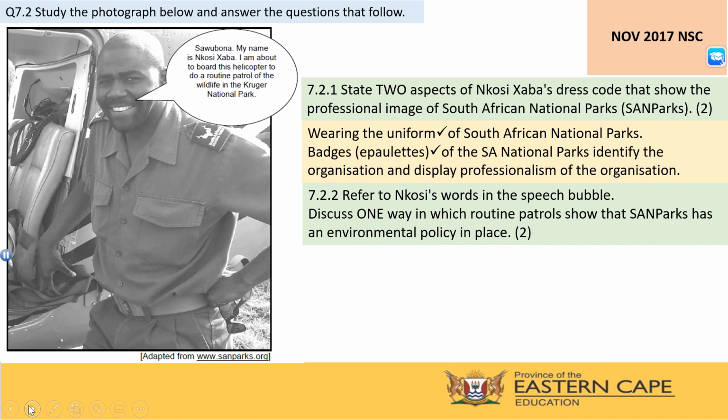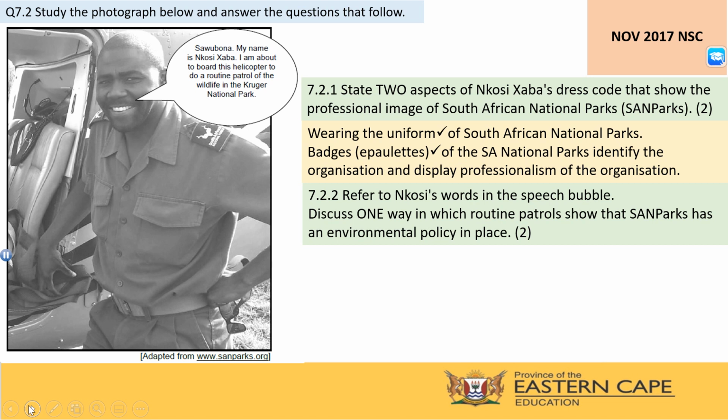7.2.2, refer to Nkosi's words in the speech bubble and discuss one way in which routine patrols show that SANParks has an environmental policy in place. Break the question down. What is the essence of that question? How is the speech bubble showing that SANParks has an environmental policy in place? So if you go and take a look at the speech bubble, I'm about to board this helicopter to do a routine patrol of the wildlife in the Kruger National Park.